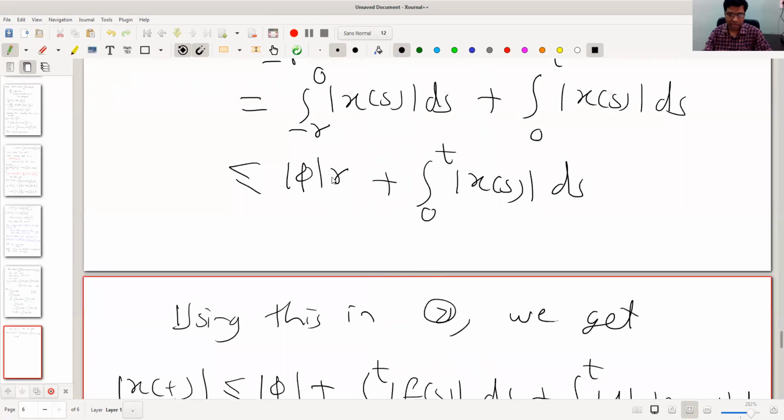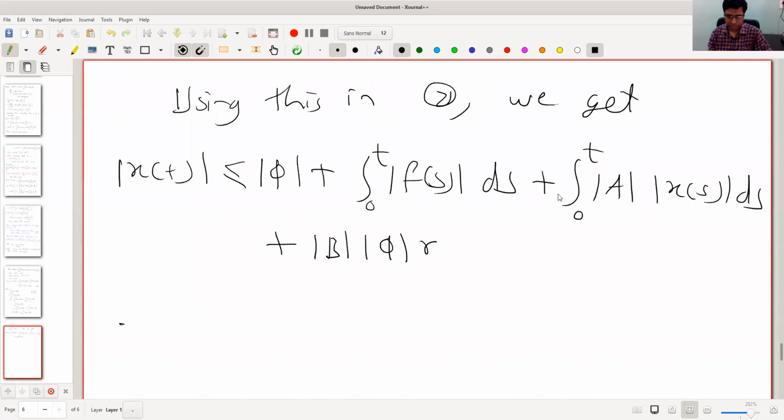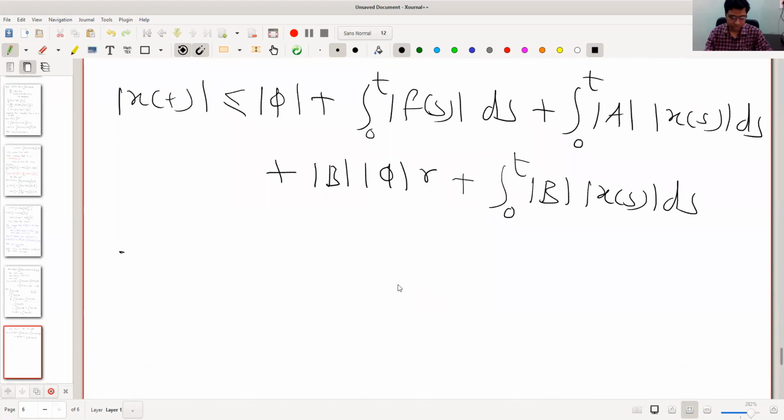Okay, this term and this term, we can take mod B inside, plus integral from 0 to t mod B mod x of s ds. Now we simplify this.